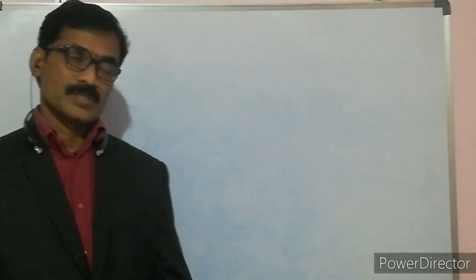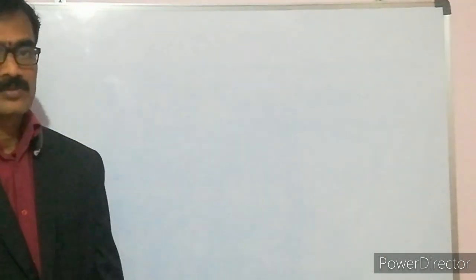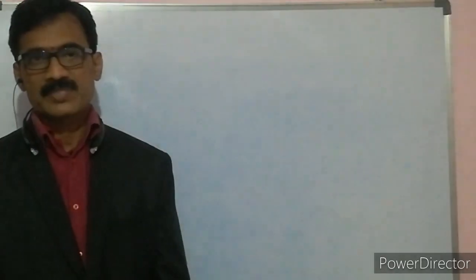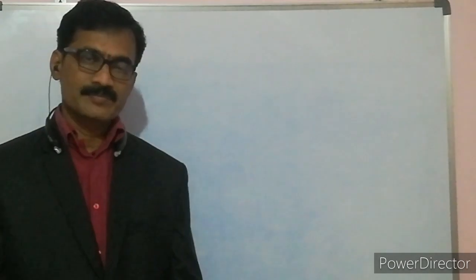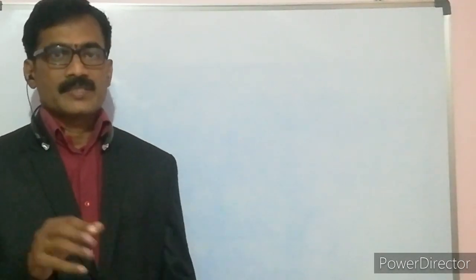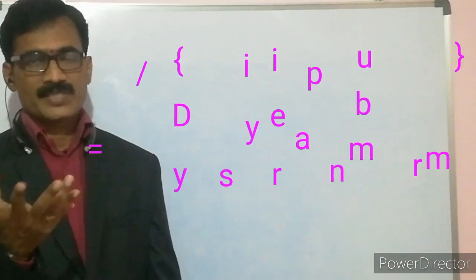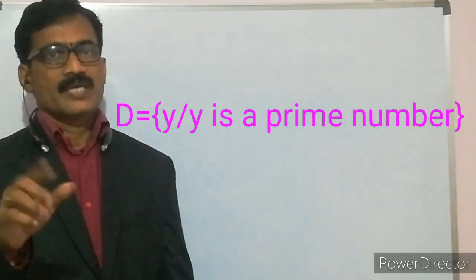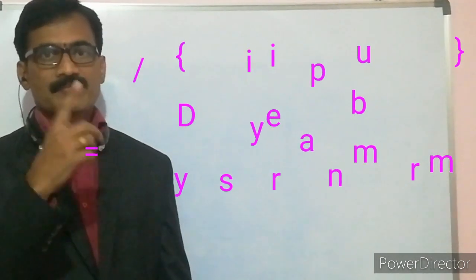For example, the prime numbers 2, 3, 5, 7 are prime numbers. So how can we represent the prime numbers in set builder form? For example, if it is denoted by D, D is equal to set brackets open and write x, y, z, you take any variable, y such that y is a prime number, that's all, and close the brackets.